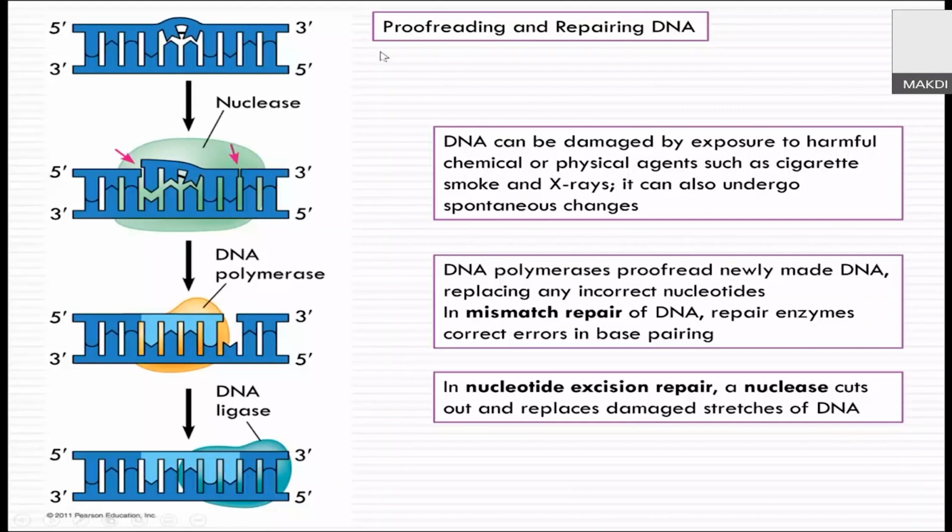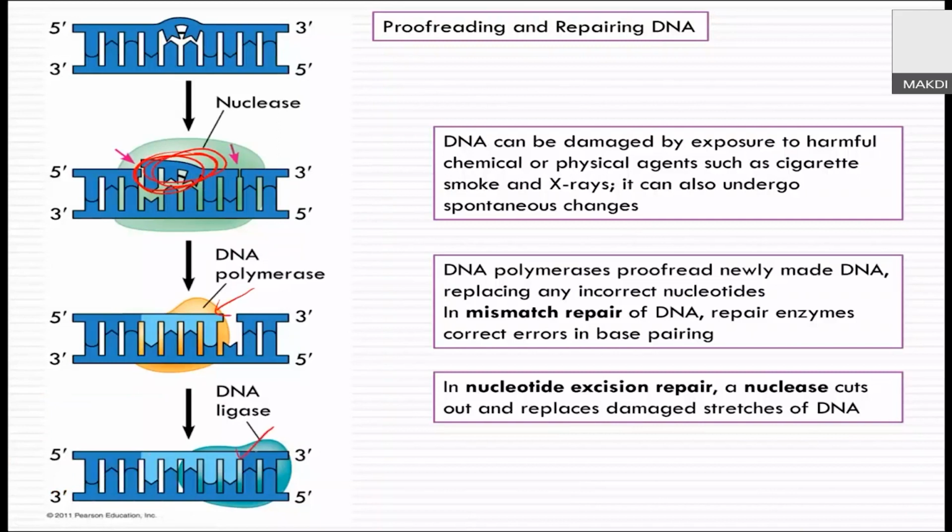So our DNA replication system actually has a proofreading and repairing system. After each DNA replication cycle, your DNA will be proofread and repaired. For example, when your DNA is damaged by X-rays, the nuclease will remove the damaged DNA, and DNA polymerase will repair.